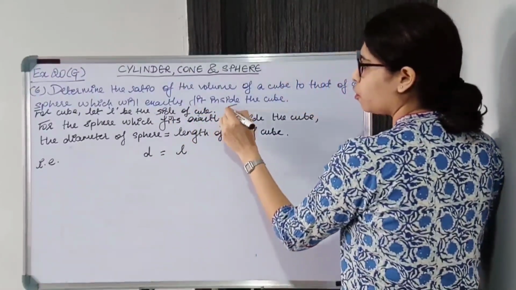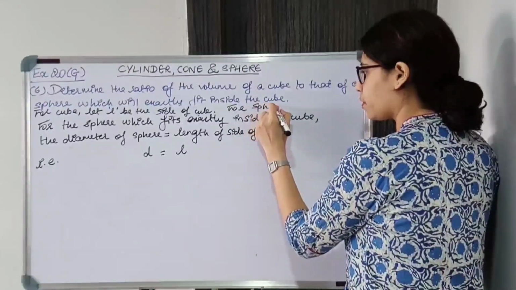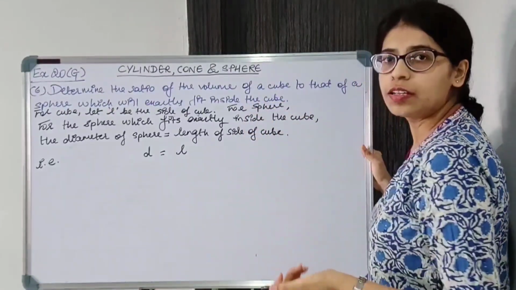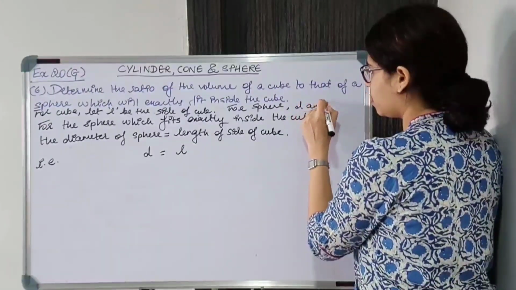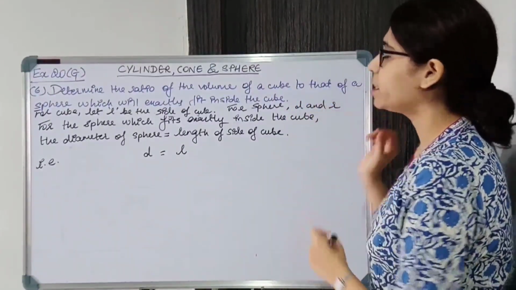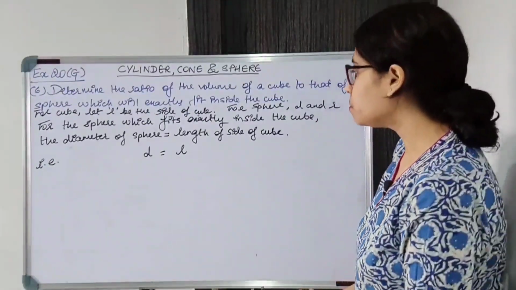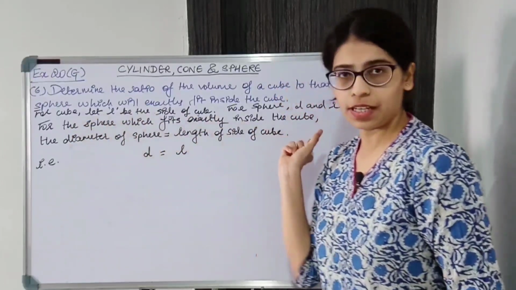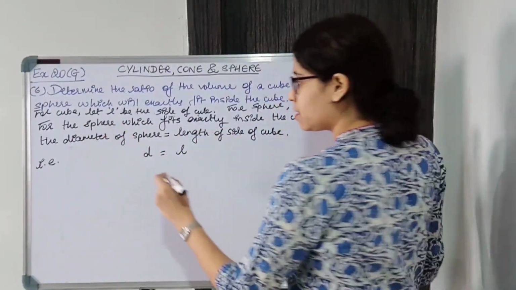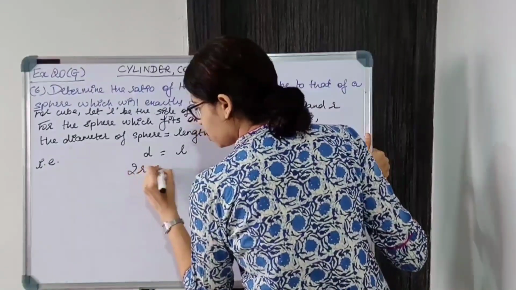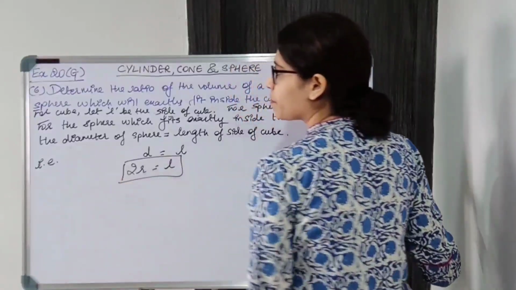And on the second line, for the sphere, let D and R, small d and small r, be the diameter and radius respectively. Then start with this statement. Now diameter of sphere is equal to length of the cube, that is 2R is equal to L. Now keep this in mind.